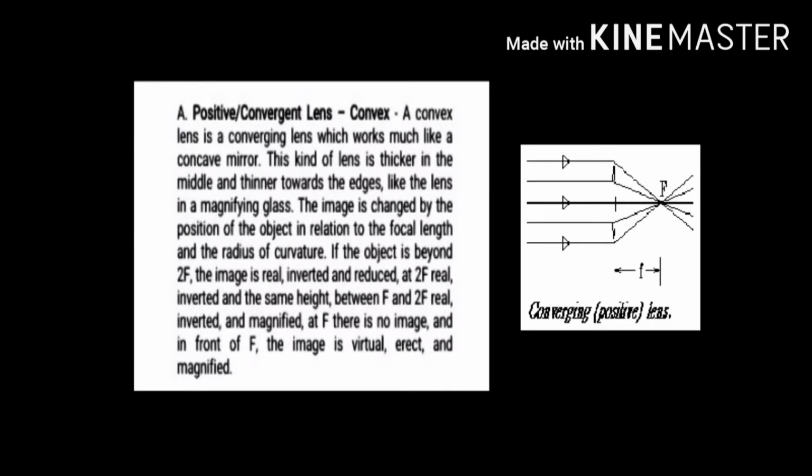If the object is beyond 2f, the image is real, inverted and reduced. At 2f, real, inverted and the same height. Between f and 2f, real, inverted and magnified. At f, there is no image, and in front of f, the image is virtual, erect, and magnified.